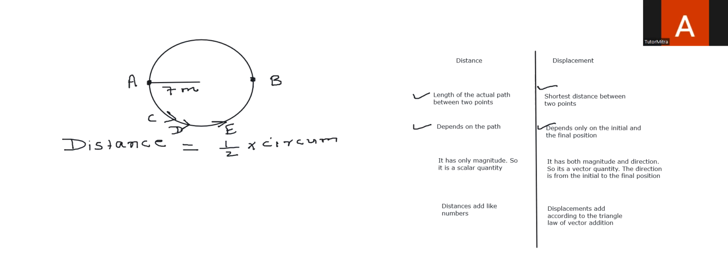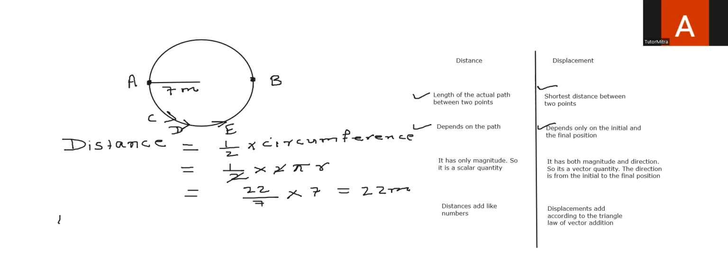We can write it half times 2 pi r, or this is half and 2 gets cancelled out. This is 22 over 7 times 7, or 22 meters.